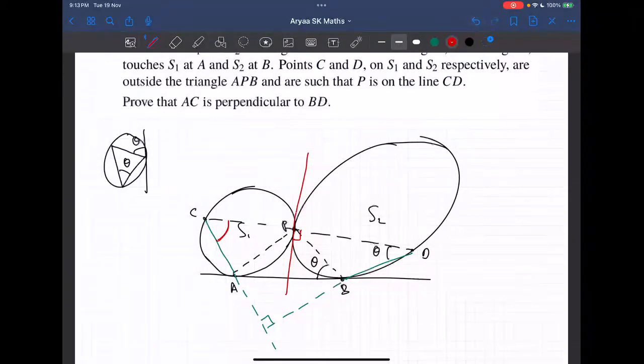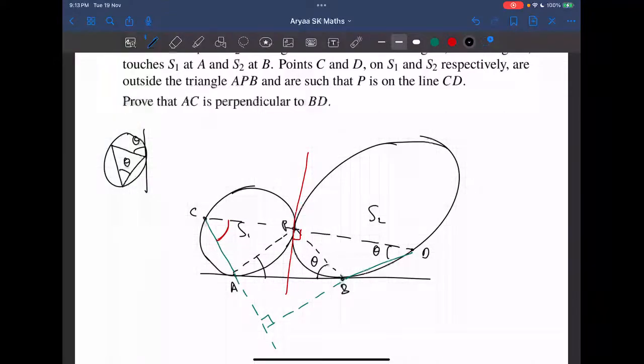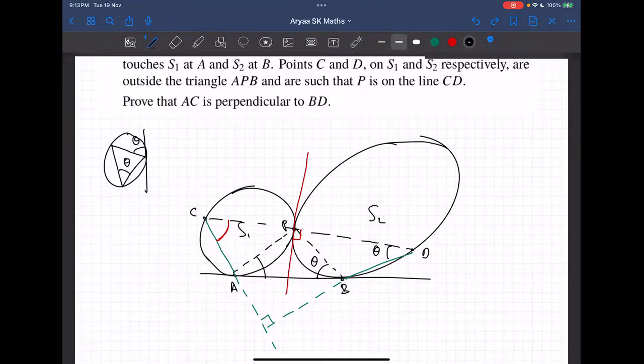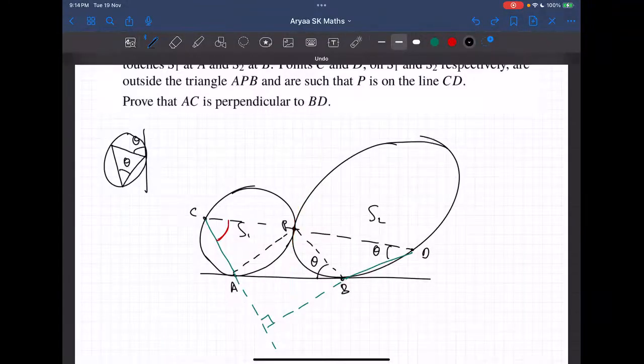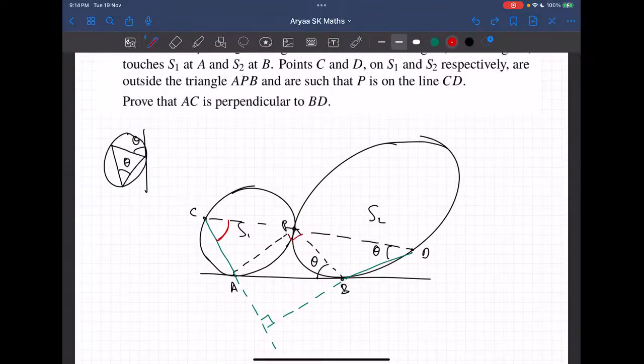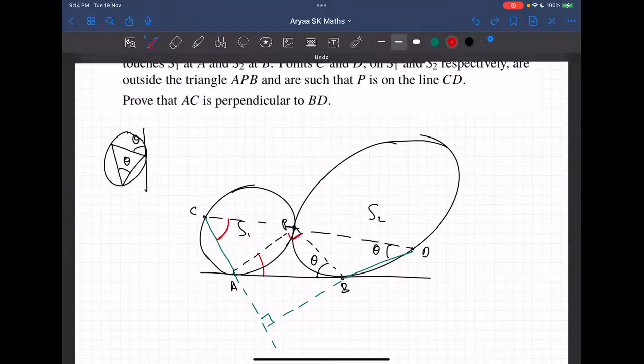If I can just prove this is 90 minus theta, then we can prove this is 90 minus theta, which then lets us prove this is a right angle. But how can we get there? We're effectively equivalently trying to prove this is a right angle here. If that's a right angle, then this is 90 minus theta, and so that is also 90 minus theta.